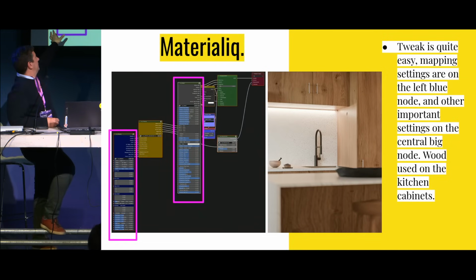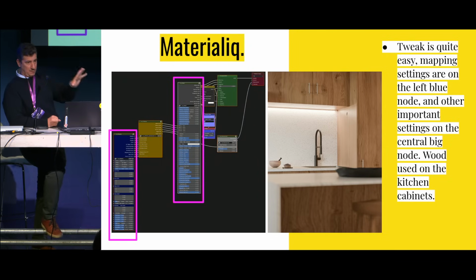The one on the left is dedicated to the mapping, and that's super important because, for example, on the floor, when I show it's the same object with different planks, this allows you to randomize the UVs per plank. You can change the size a bit. You can decide if you want the mapping per object or per the whole element. So that's super handy. And then here you have all the other parameters, and you can change the tone of the wood. So it's like one material, but it gives you a lot of flexibility in that sense.